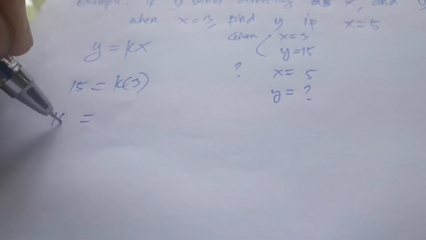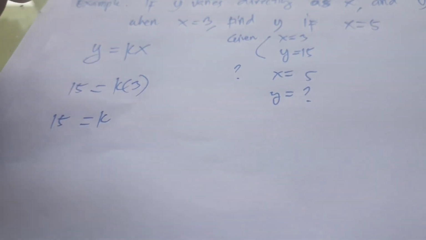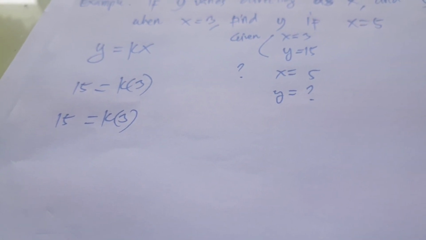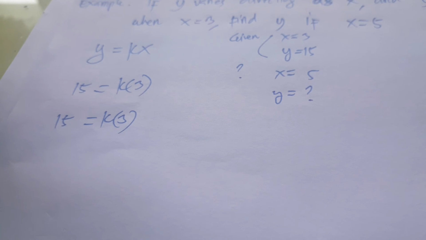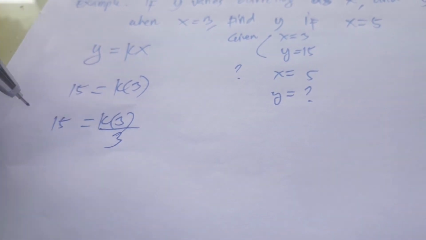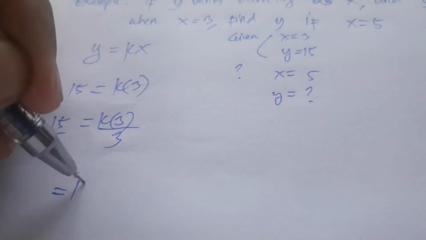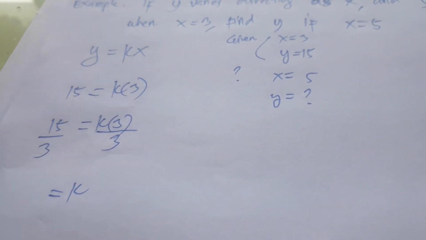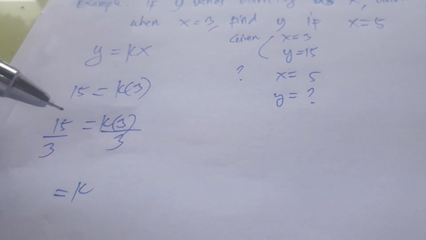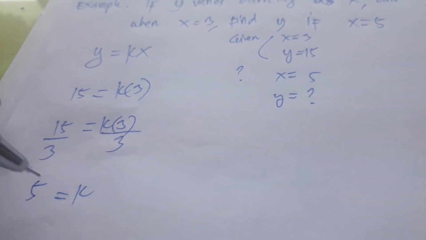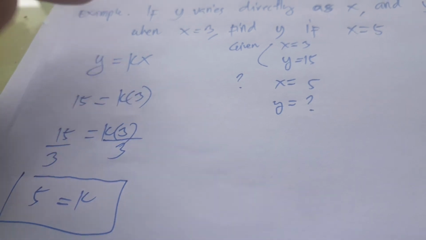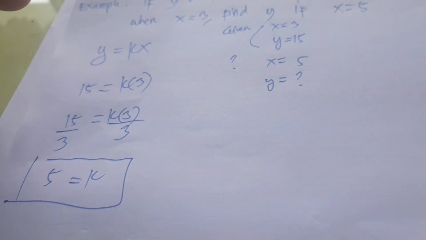So you have 15 equals k times 3. By the multiplication property of equality, or simply by dividing both sides by 3, k is what is left. 15 divided by 3 is 5. So now our constant of variation is k equals 5.